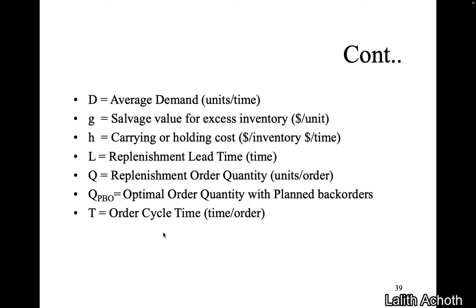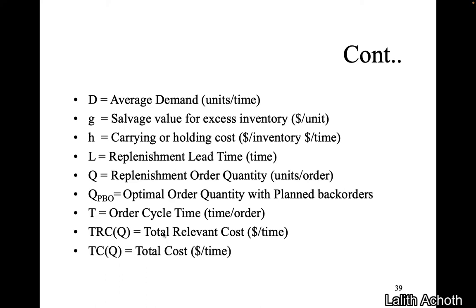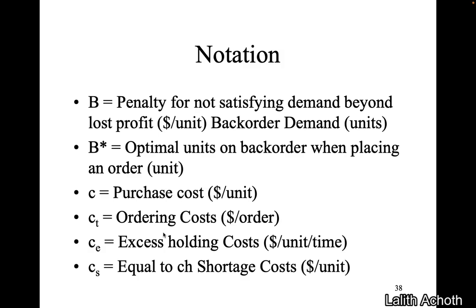T is order cycle time, that is nothing but economic order quantity or the inventory divided by the demand per day. Total relevant cost, just like total cost, it's called total relevant cost and total cost. So these are the terms that you should get familiar with.